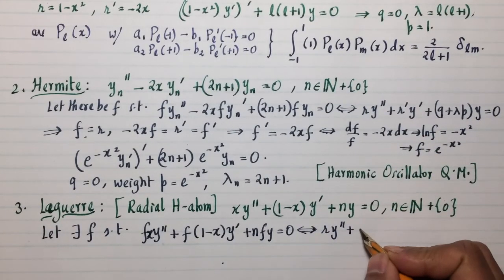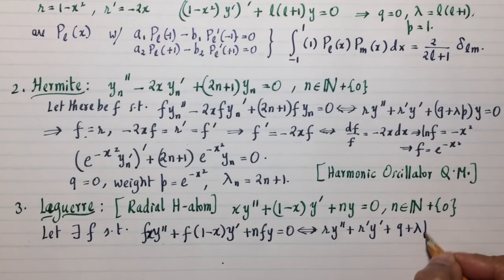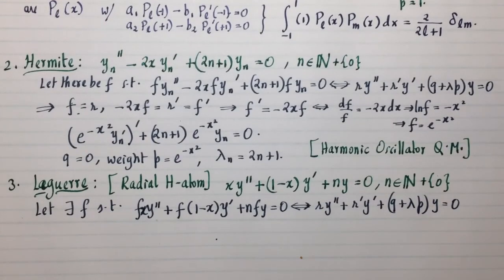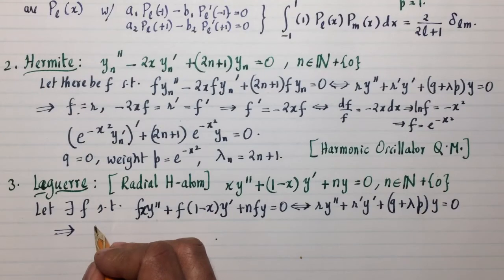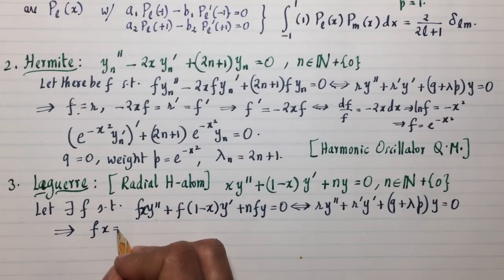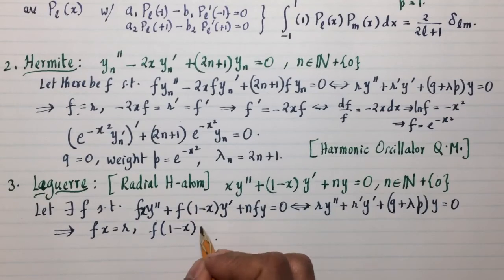So that's r y double prime plus r prime y prime plus (q plus lambda p) y equal to 0. Now what we're going to do is, as in the previous problem, just identify the two sides. So I have to get f times x equals r, and also I have to get f times (1 minus x) equal to r prime.